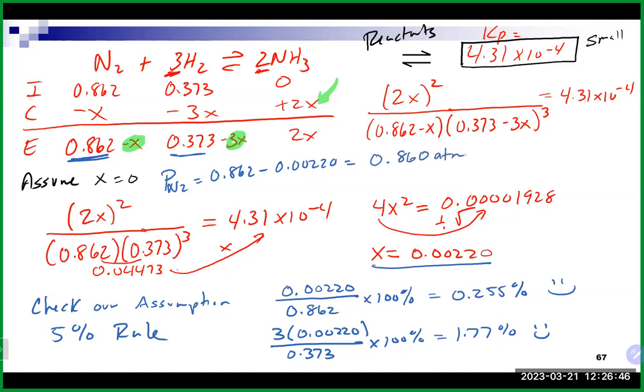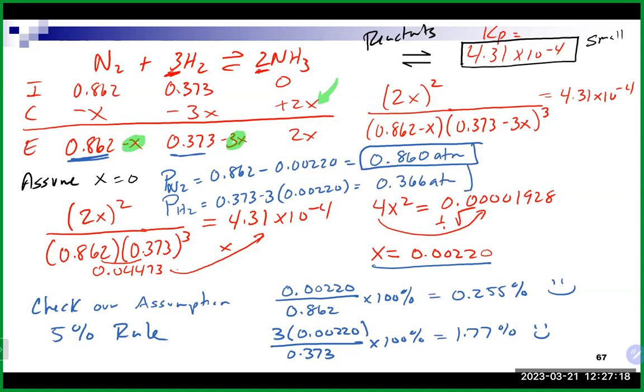This should be atmospheres since these are pressures. The partial pressure there of H2 would be 0.373 minus 3 times our X, 0.00220. And that gets us 0.366 atmospheres.